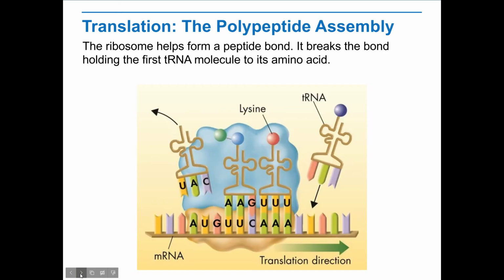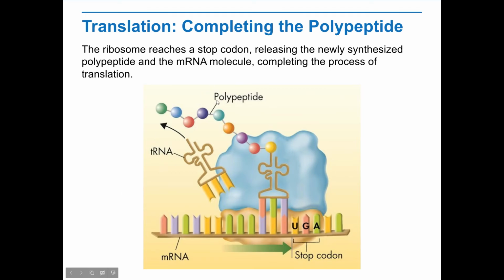Okay, so you can see as it's going through this, it'll come in, bring in its amino acid, make what's called a peptide bond, and just follow this process as it's reading this mRNA, this gene. And so you get this polypeptide chain being formed throughout.